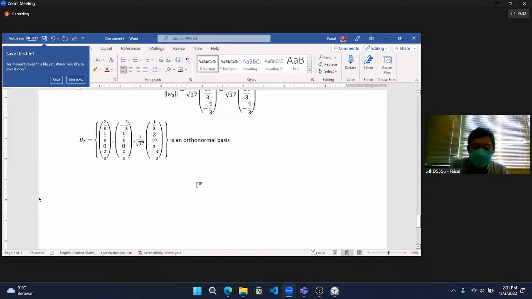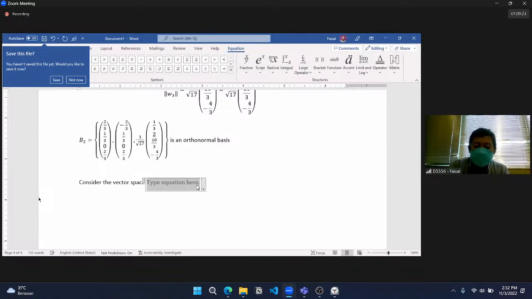So consider a vector space, I just give a vector space in R3.